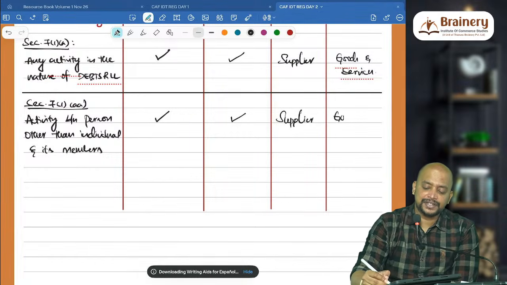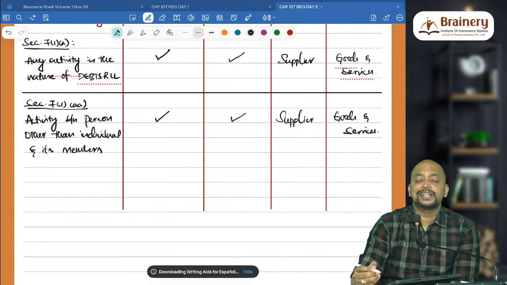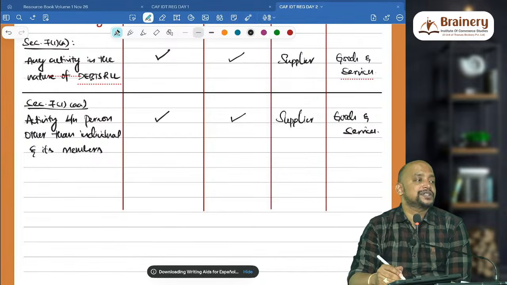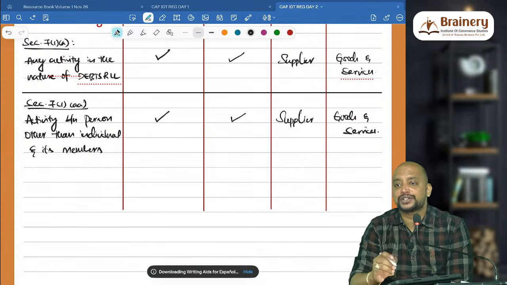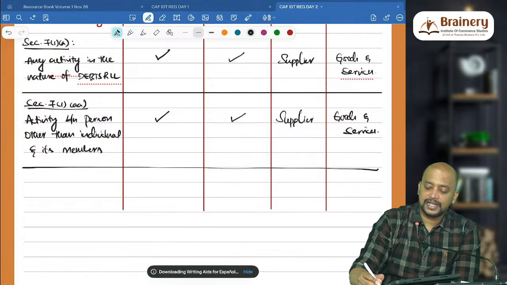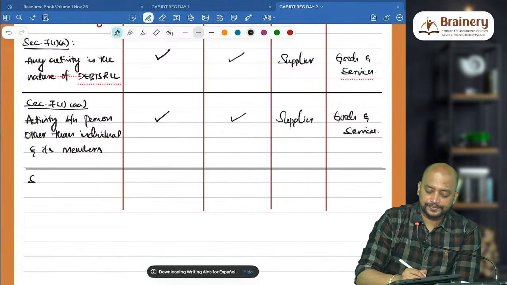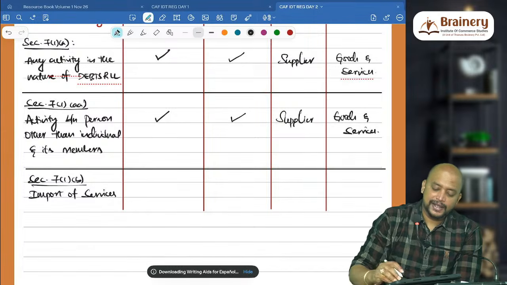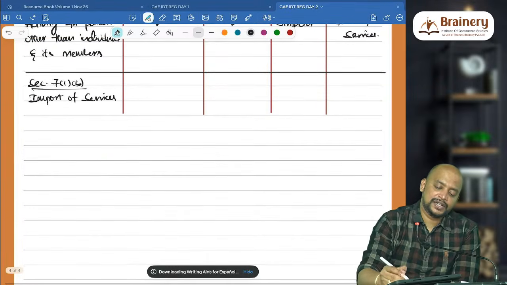Goods and services, both. Okay, goods and services, because they use the words any transaction or activity, so it can be goods or services. Even though course or furtherance of business is not specifically mentioned, I told you it is inbuilt. Next, 7.1b. What is 7.1b? Import of services. Import of services, what is your answer?